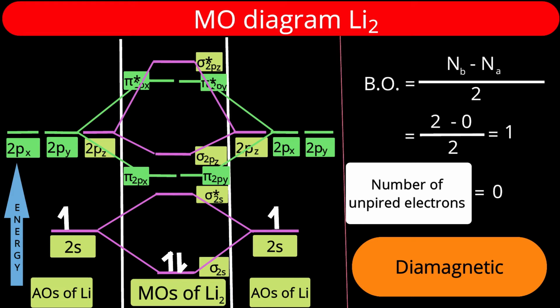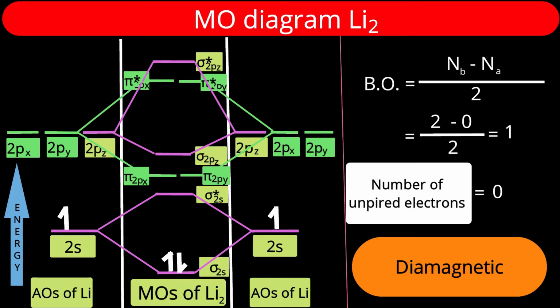The 1s orbital is an inner orbital, an inside orbital. So when the lithium molecule is established, when two lithium atoms come closer, the outer portion, the outer shell orbitals will interact, will mix, will interfere.